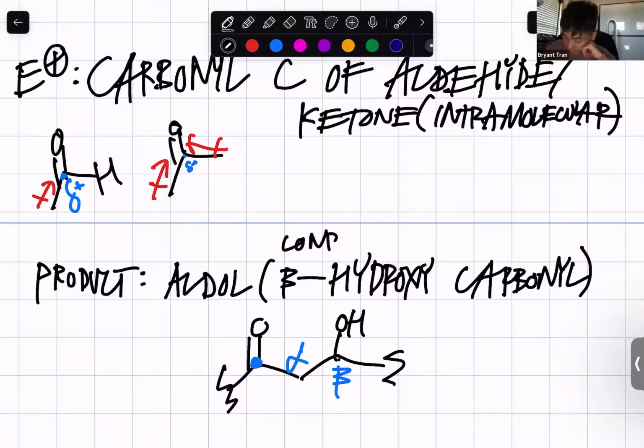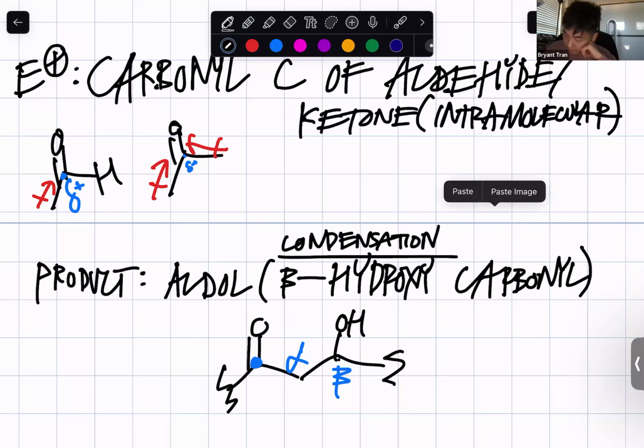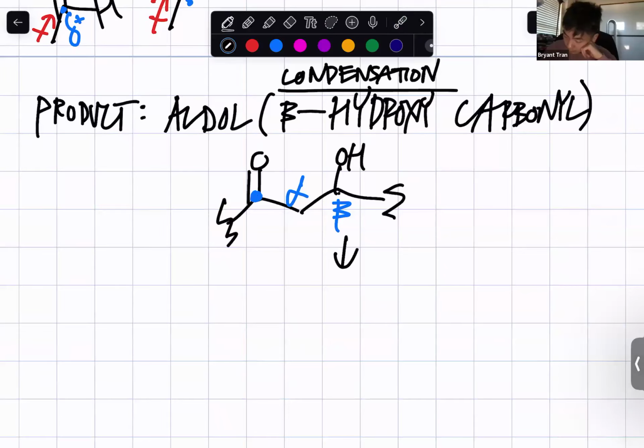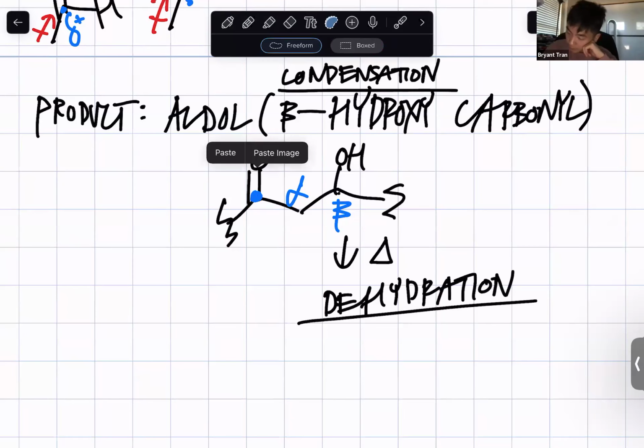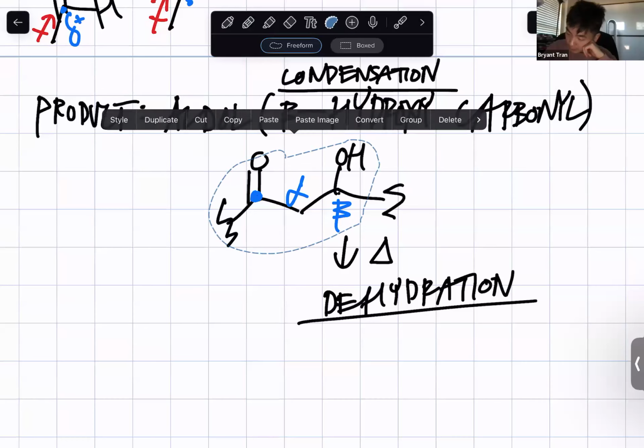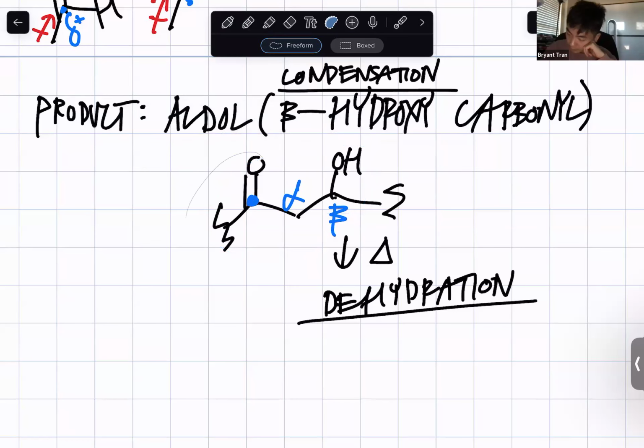Condensation. If you're able to do dehydration with heat, you're going to make a double bond between the alpha and beta carbon and get rid of the alcohol on the beta carbon.